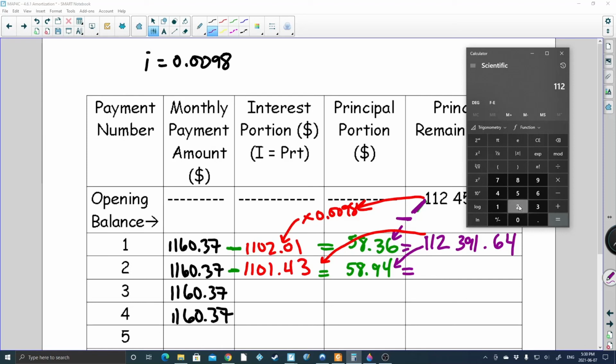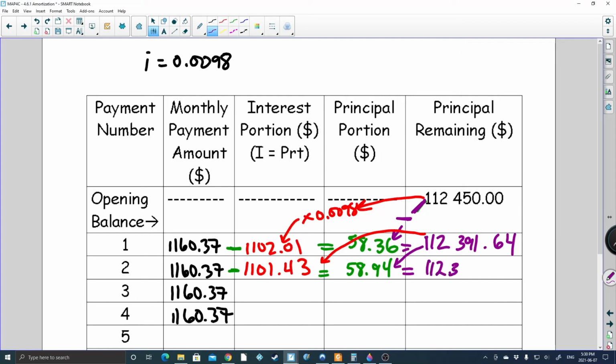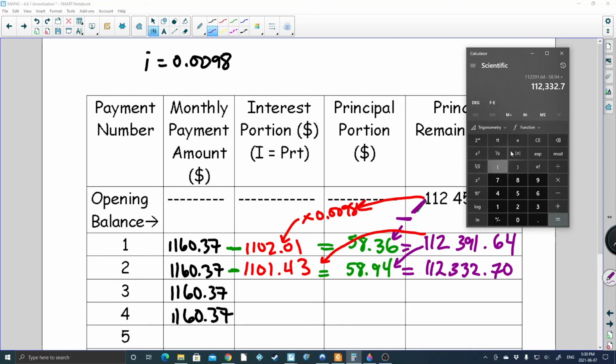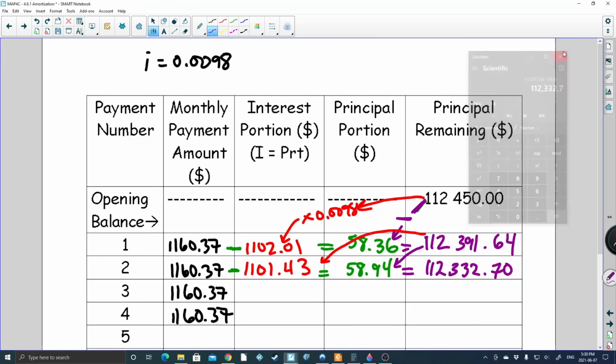So 112,391.64 minus 58.94 equals 112,332.7. I'll just double check that number because my memory is not great. 112,332.70, yeah. And then you just keep doing that.